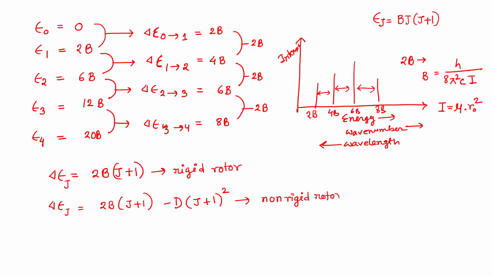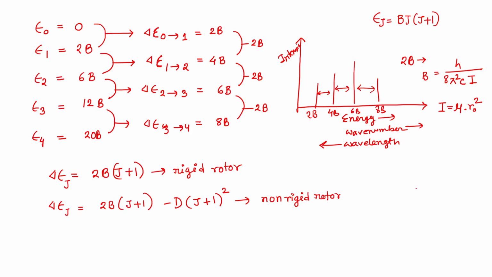When it is a non-rigid rotor, this bond distance changes. Suppose in your ground state you have a certain radius, so you have some rotational constant.